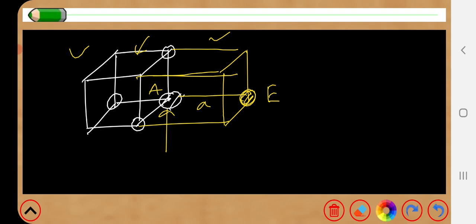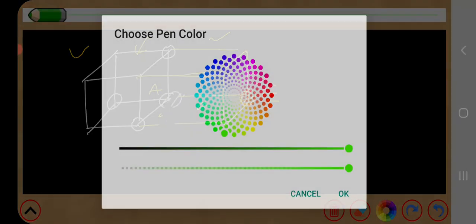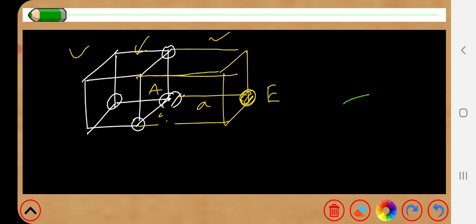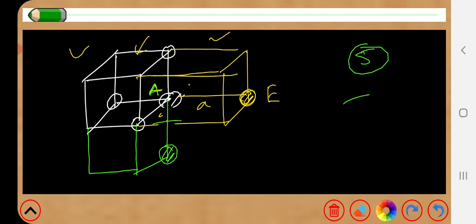Again, if we draw another unit cell at the bottom by taking another color, we get another atom which is just below this A atom. So ultimately right now there are 5 nearest neighbors.